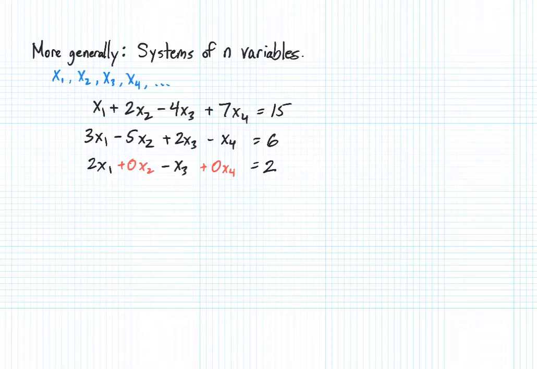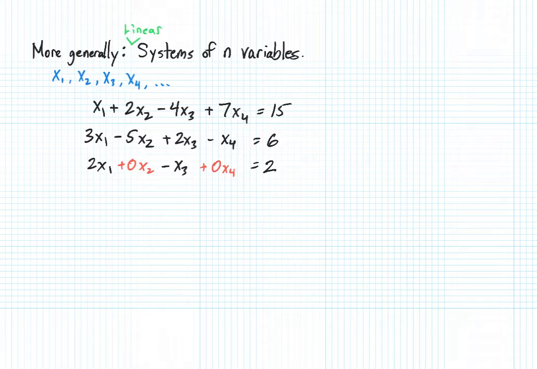And then the other thing to keep in mind, and this is why this is called linear algebra, is that these systems are of a particular type that are called linear systems. And what that means is that the equations are just built out of very simple pieces where you just have a constant times a variable, plus constant times another variable, minus constant times another variable, and so on.